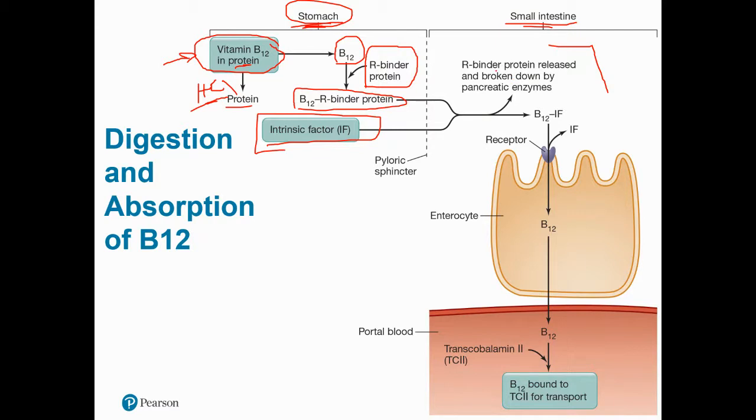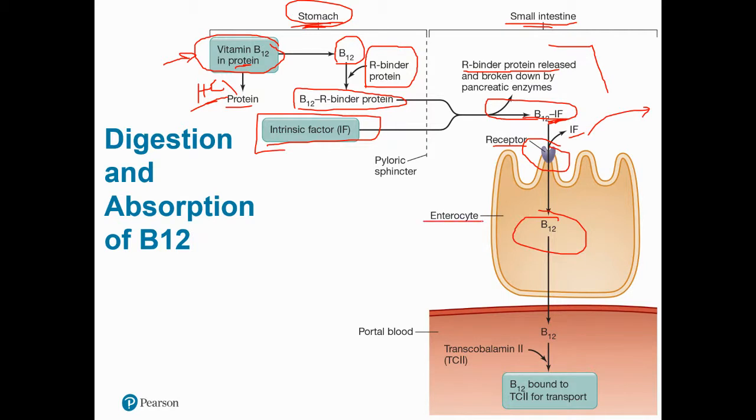So then in the small intestine, the B12 separates from the binder protein and is then available to bind with intrinsic factor. And we need the intrinsic factor for the enterocyte to absorb B12. Intrinsic factor doesn't get absorbed; it will get eliminated. But in order for the receptor protein on the enterocyte to identify the B12, the intrinsic factor has to be bound to the B12.